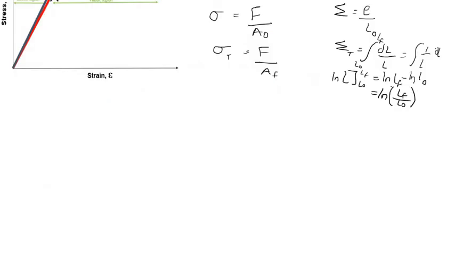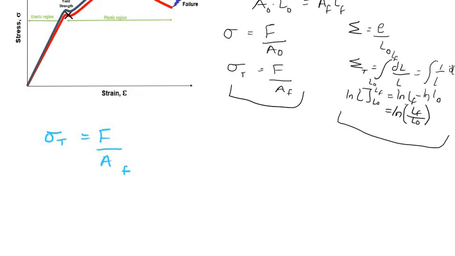But then you can further simplify your true stress and your true strain. So let me change the color of my marker. As for true stress, since your formula is F over AF, you can go back to your formula for constant volume. That's your V1 equal to V2, given your original area multiplied by your original length.